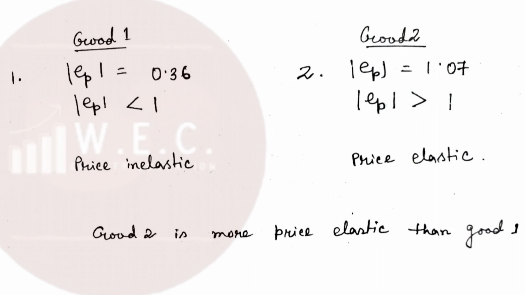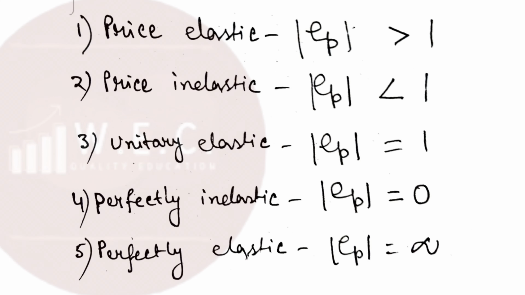That is, if elasticity is less than 1, the good is price inelastic. If elasticity is more than 1, the good is called price elastic. Likewise, for some goods, price elasticity equals 1. The good is called unitary elastic.